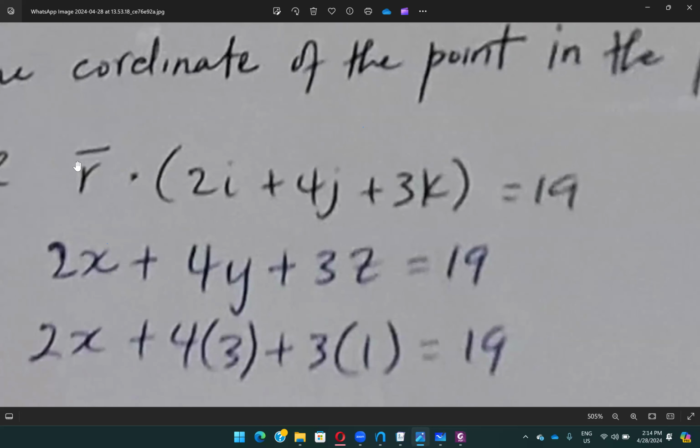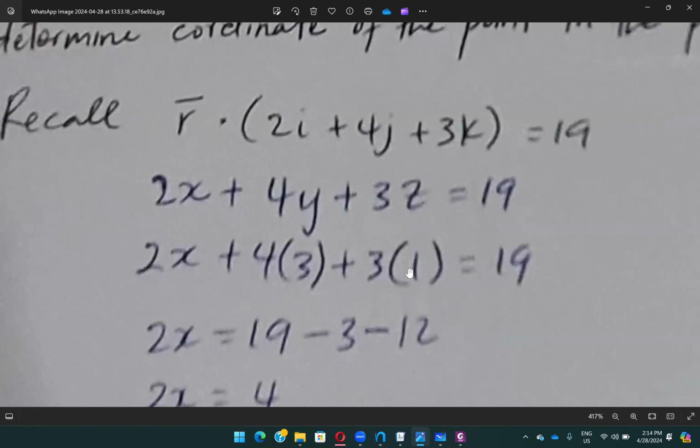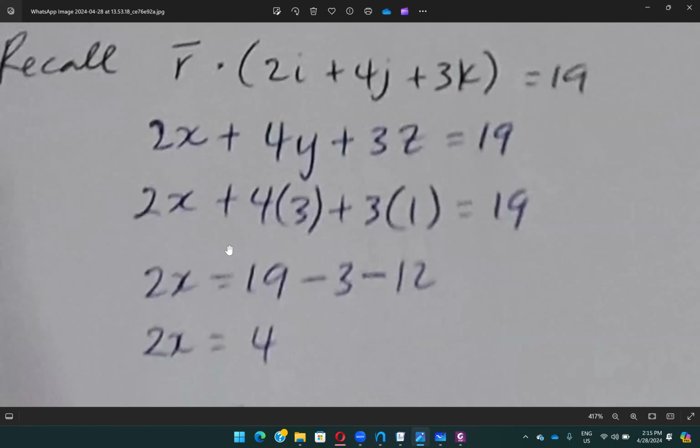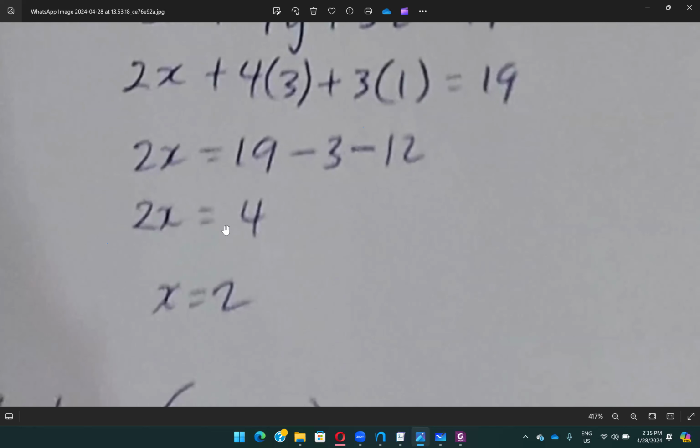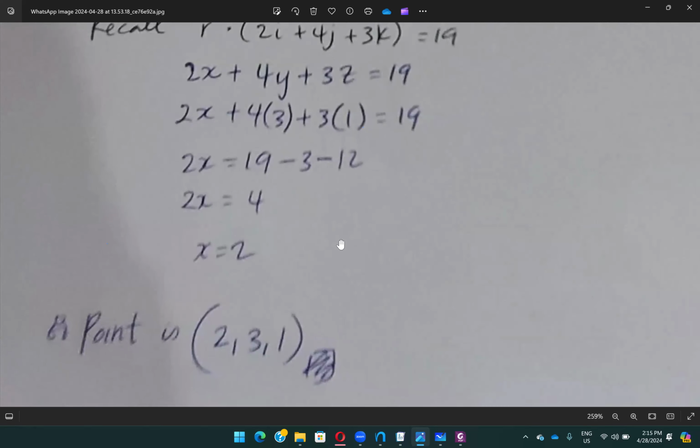So it becomes 2 times the x plus 4 times the y plus 3 times the z, and that's equal to 19. Now they told us that y is equal to 3 and z is equal to 1. We're going to plug those values in. I'm going to simplify down to get 2x equal 4 and then x equal 2. Then at the end of the day, we need to give them the actual answer. So the point is 2, 3, 1.